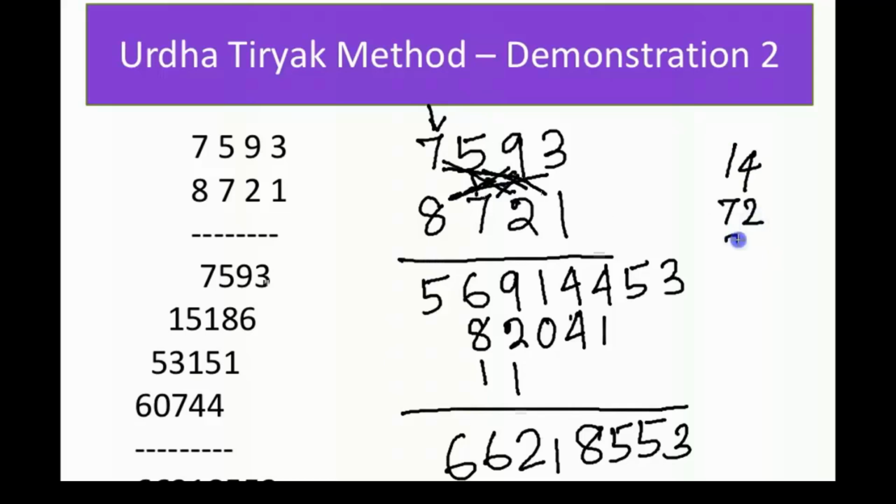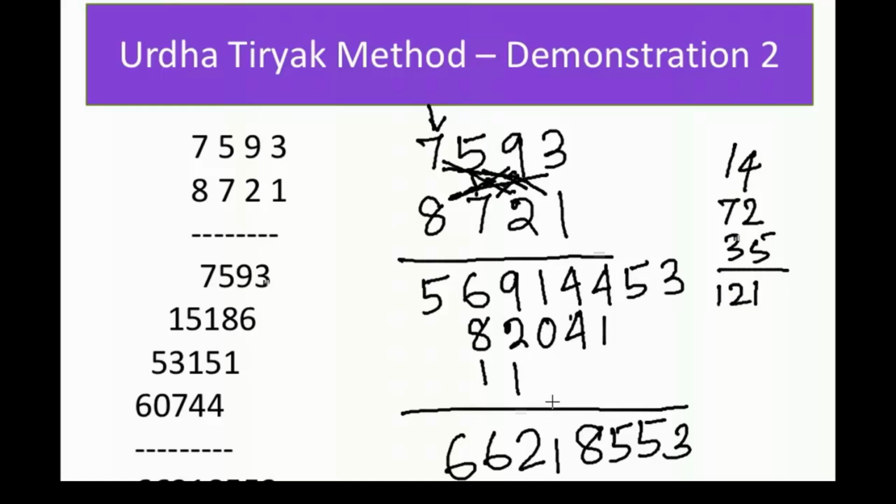If at all the additions are bigger, then you can just scribble it on the side and try to do it. Let's say I am doing the multiplication of this step, that is 7 into 2, which is 14. Write it down here: 7 into 2 plus 9 into 8, which is 72, plus 7 into 5, which is 35.